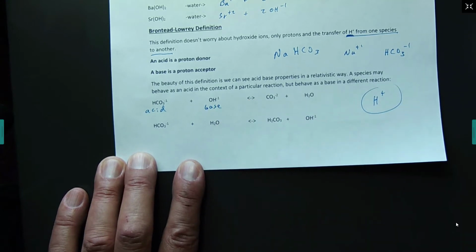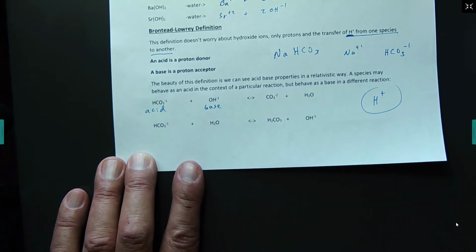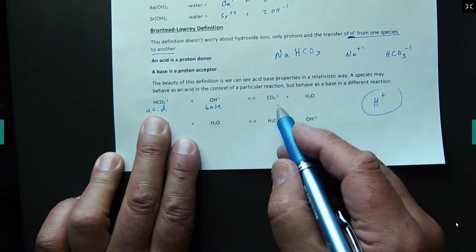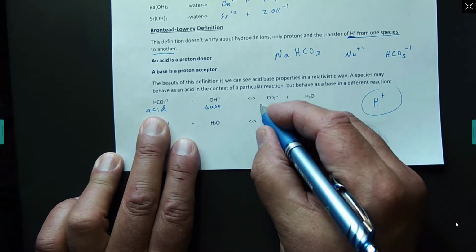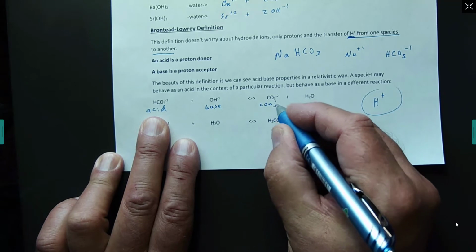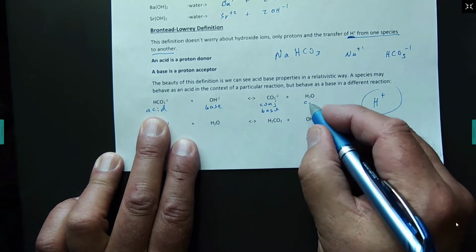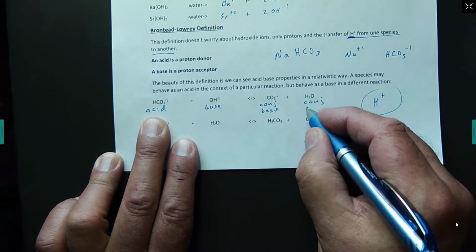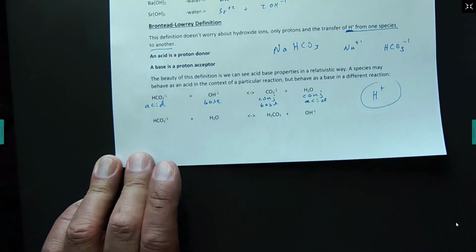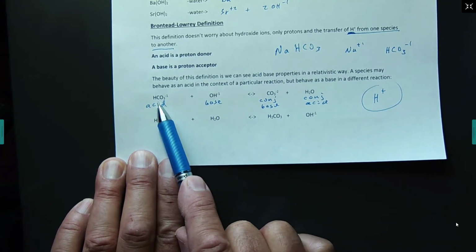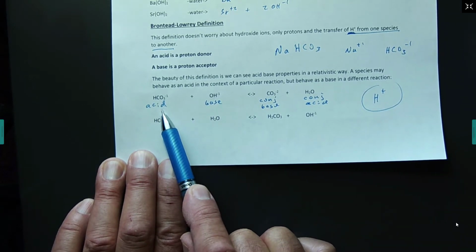He accepted the proton. For what it's worth on the conjugate thing, if he's the acid, this is its conjugate base. If he's the base, this is the acid. But the big thing is, hey, in this system, this chemical species is behaving as an acid.